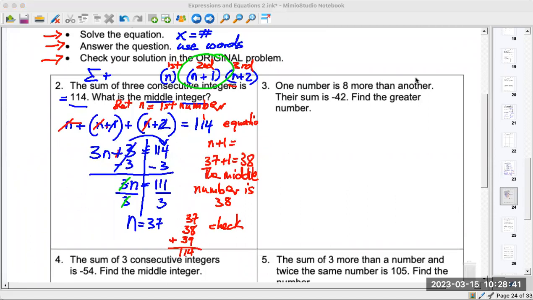One number is 8 more than another. Their sum is -42. Find the greater number. Okay. There are 2 numbers, right? One number is 8 more than another.